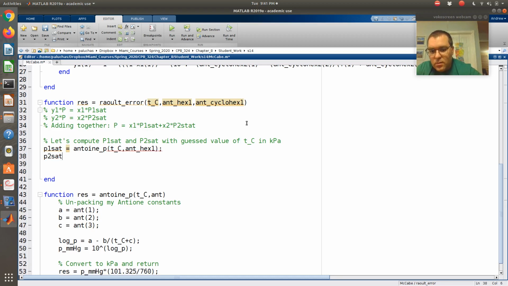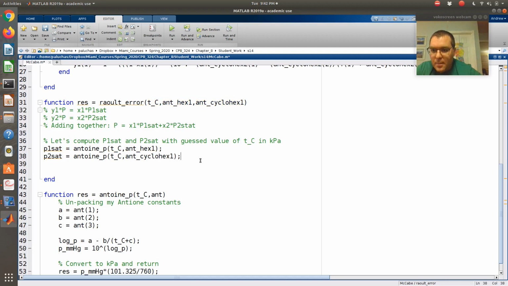P2 sat is going to be Antoine P, T underscore C, comma, Ant cyclo hex 1.